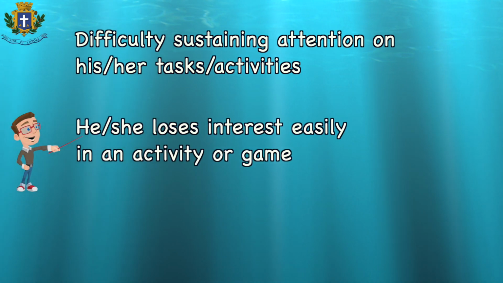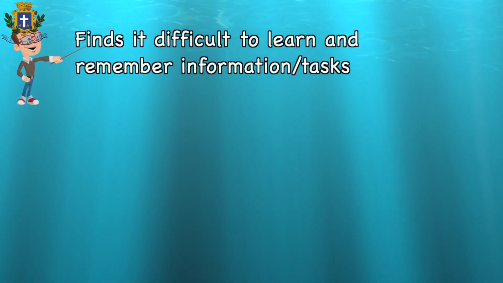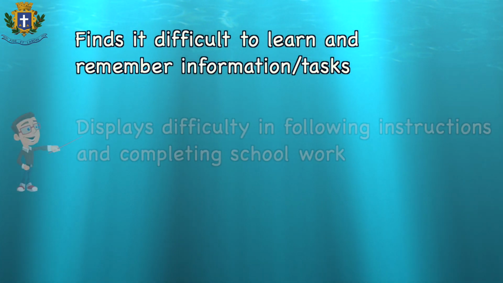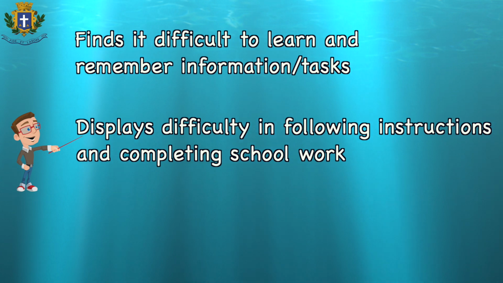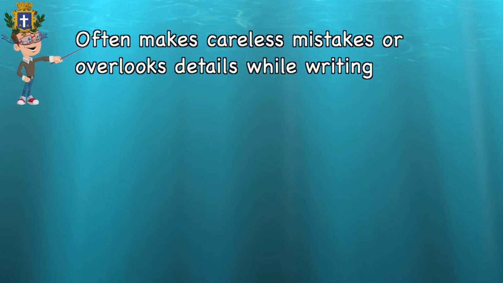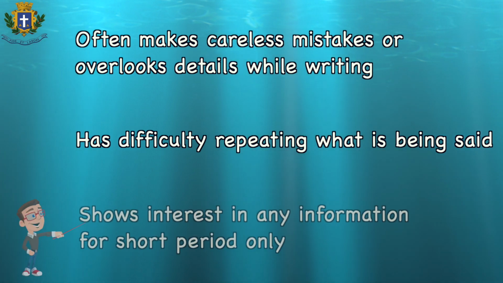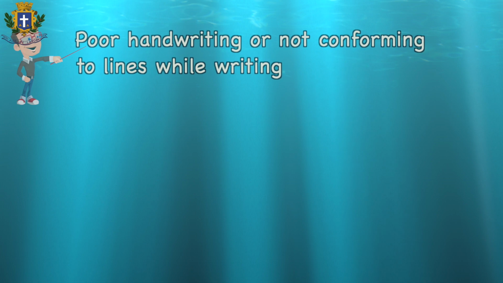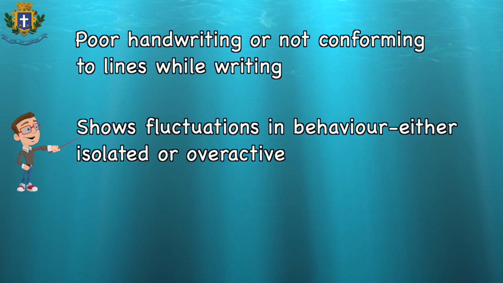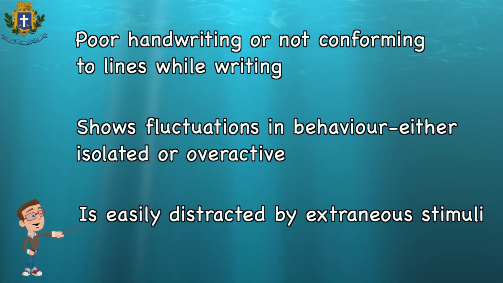He or she loses interest easily in an activity or game, has difficulty listening to instructions when spoken to directly, finds it difficult to learn and remember information or tasks, displays difficulty in following instructions and completing schoolwork, is lost in daydreaming, often makes careless mistakes or overlooks details while writing, has difficulty repeating what is being said, shows interest in any information for short period only, poor handwriting or not conforming to lines while writing, shows fluctuations in behavior either isolated or overactive, is easily distracted by extraneous stimuli.